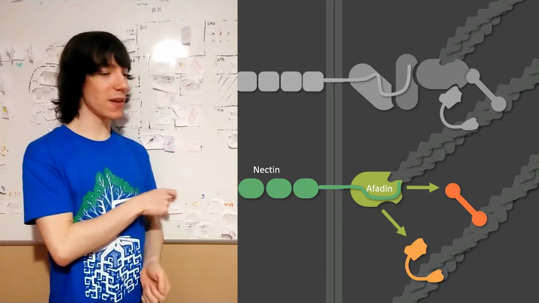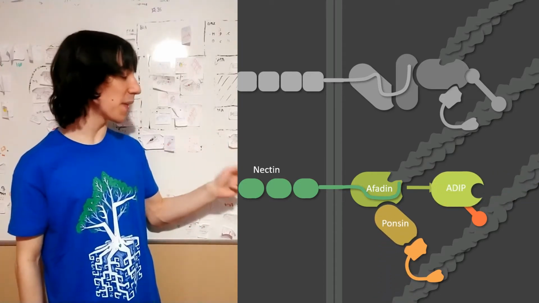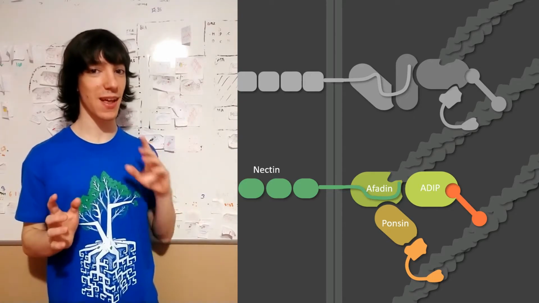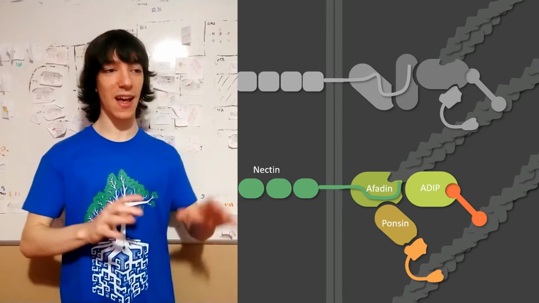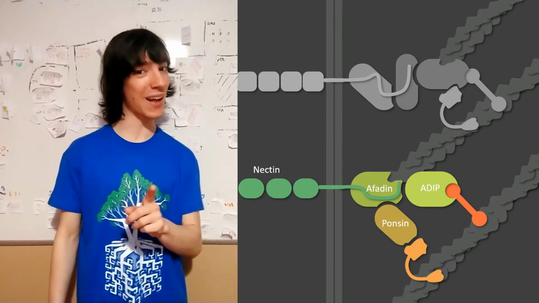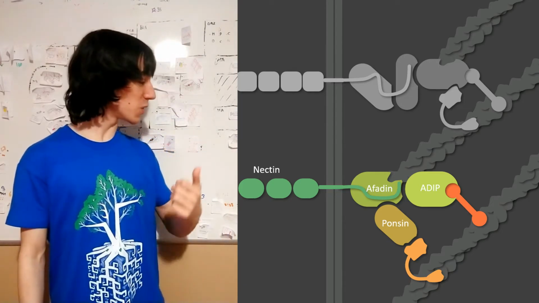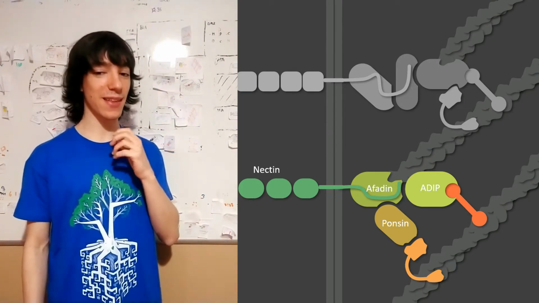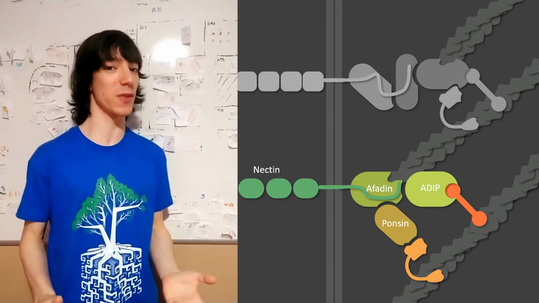For vinculin, it uses ponsin, and for alpha-actinin, it uses adip, although it also has other names. But this is very niche, it's very specific, and you won't find it mentioned in most books or university courses. But maybe if you read papers about adherence junctions, you see those names mentioned, and I think it can be useful to have a bit of an idea of what they are, what they do.